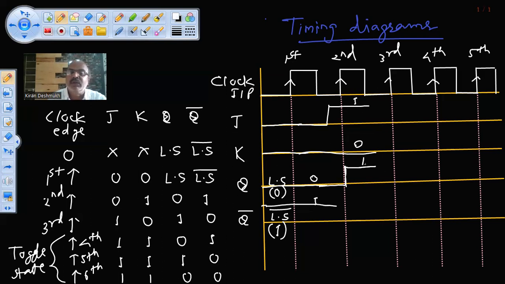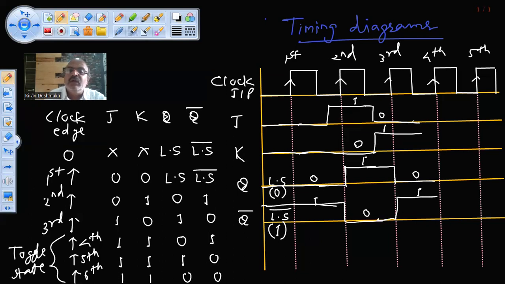Q will become 1, and Q bar, which was 1, will become 0 immediately. Okay. Now if I change the state to K 1 and J 0, Q will change from 1 to 0 and Q bar will change from 0 to 1.